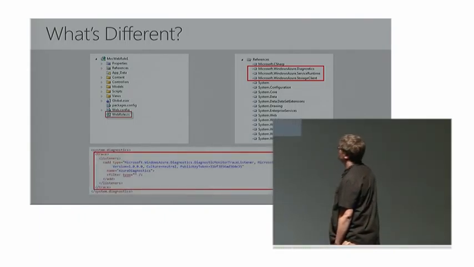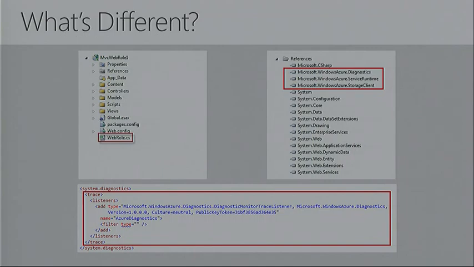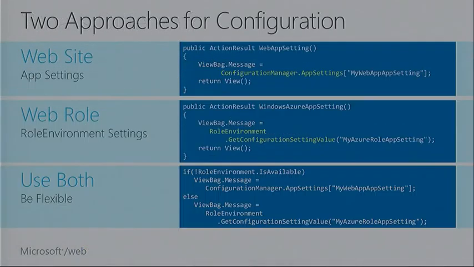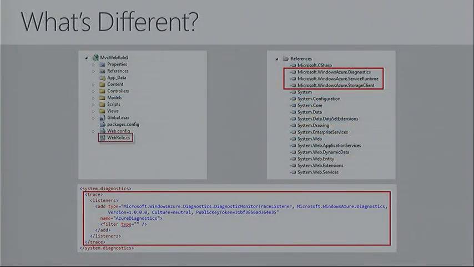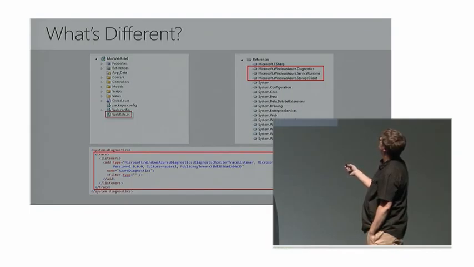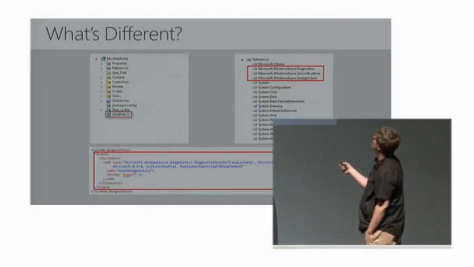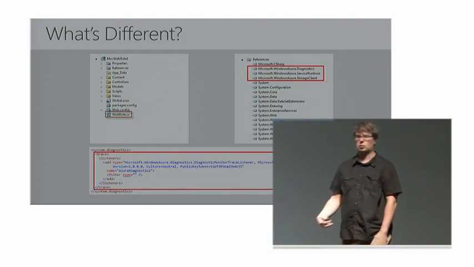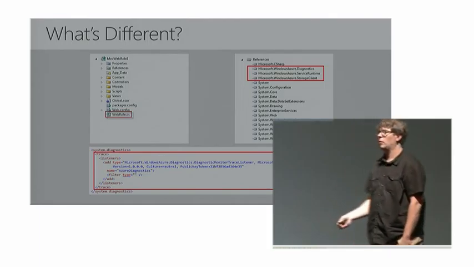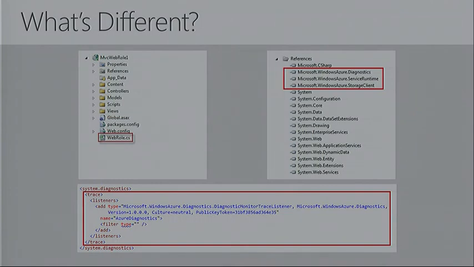All right, what's different between a normal MVC project or a normal ASP.NET project, I keep thinking MVC because it's what's up there, and a cloud ASP.NET project? The first one is, wrong button. First one is, you don't have to do this, but if you want to make use of things that are in Azure, such as Azure Storage, which I'll show you a demo of in just a minute, you have to add references to some of the Azure DLLs.